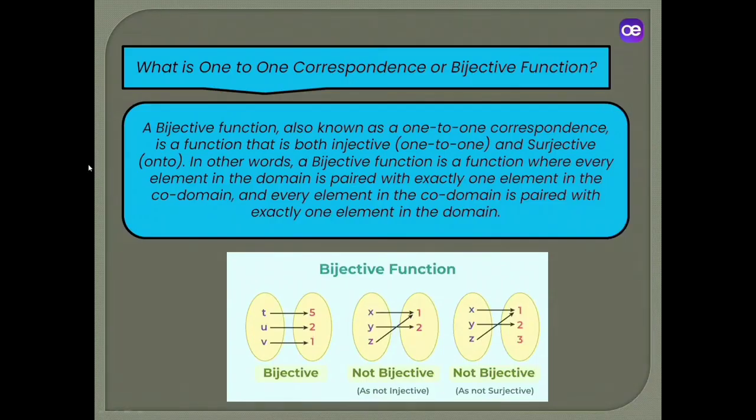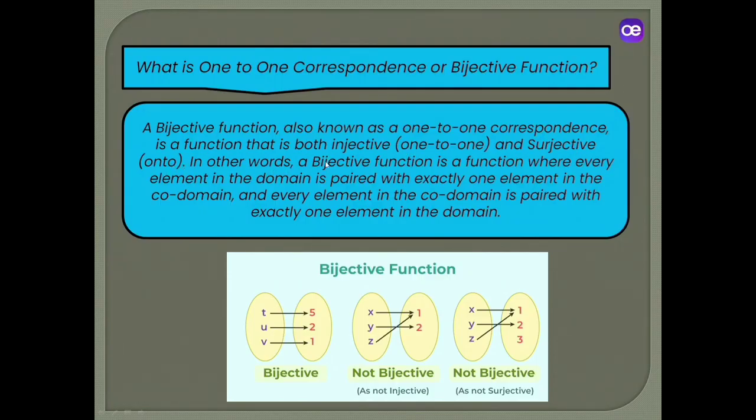Okay, now let's get back to the concept of the bijective function. What is one-to-one correspondence or bijective function? A bijective function, also known as a one-to-one correspondence, is a function that is both injective or one-to-one and surjective or onto function.